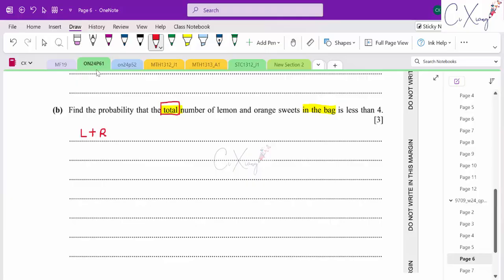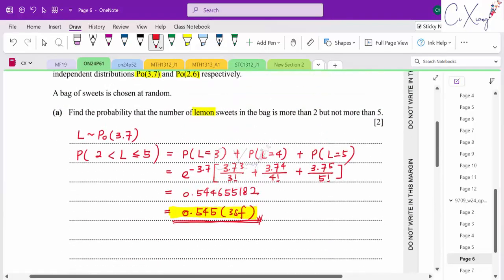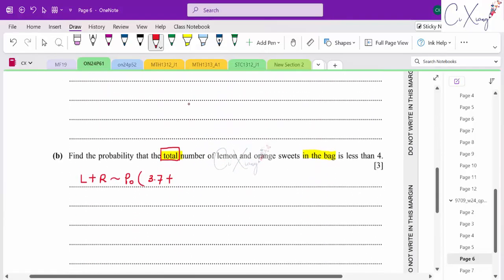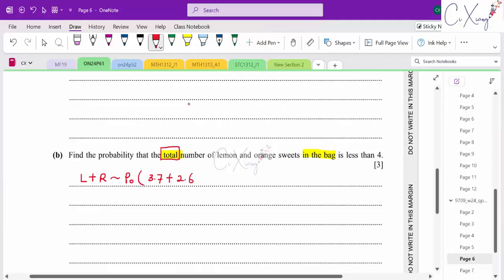So lemon plus orange. Both are Poisson distributed, so when you add them together, it is still Poisson distributed. So you take 3.7 plus the lambda of the orange, which is 2.6, and your lambda for the total will be 6.3.